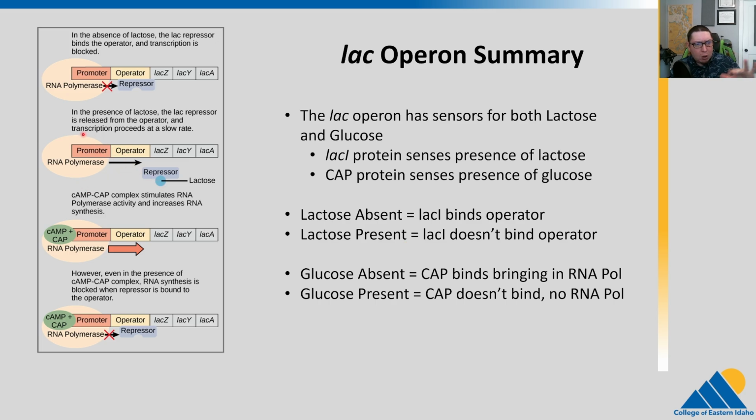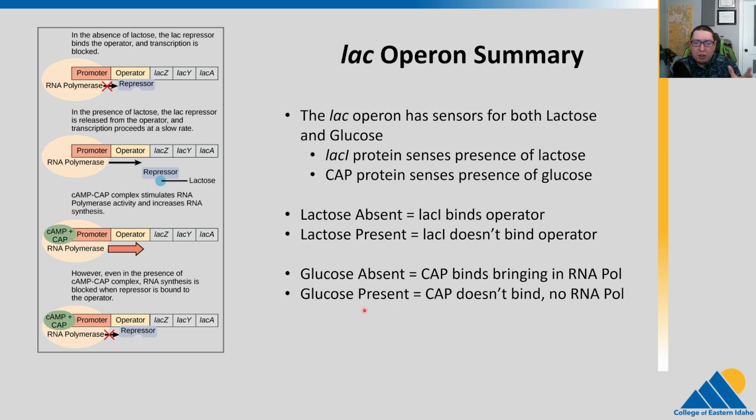But there's a second question then, right? Do we need to make these? Because is there glucose or is there no glucose? So let's look at that second situation. Well, if glucose is absent, then yes, we do want to make the genes to break down lactose. So the CAP will bind and bring in RNA polymerase, increasing the rate of transcription. It's a positive regulator.